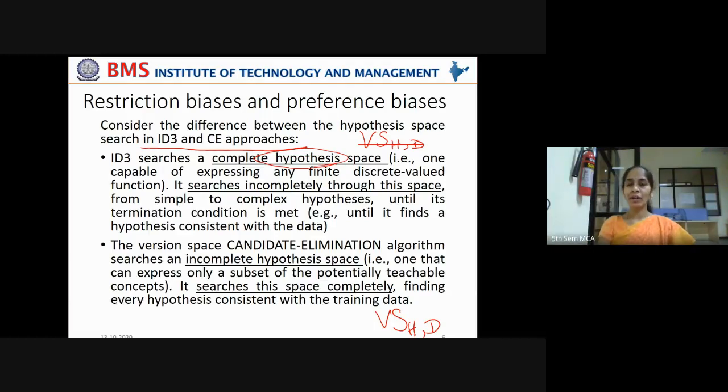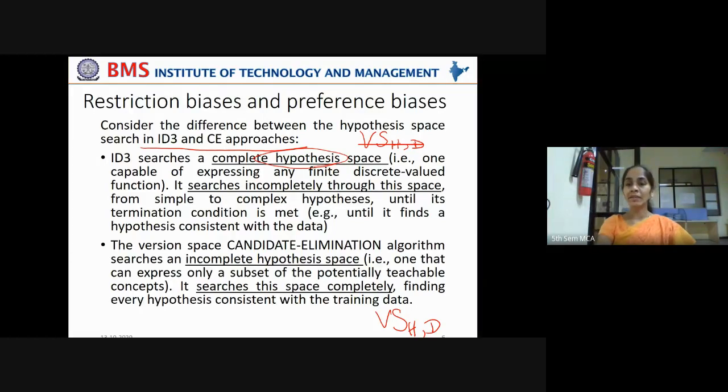That is why we call it an incomplete search through the space. Though the hypothesis space is complete, it searches the hypothesis space incompletely. Though the hypothesis space contains every possible solution for the training example set, it searches that space incompletely by just considering the information gain measure, right?